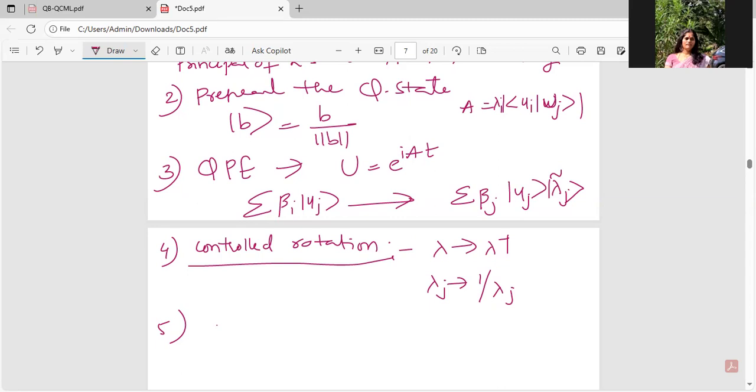Okay. To neglect those terms, what I will do is I will uncompute the same quantum phase estimation. It is also called to erase the ancilla 0 values, which may form further entanglement.